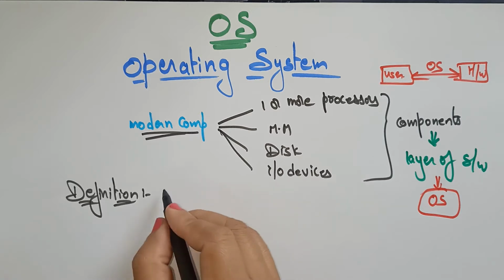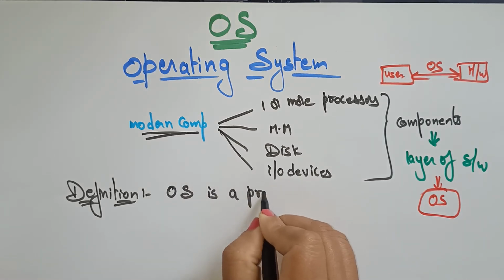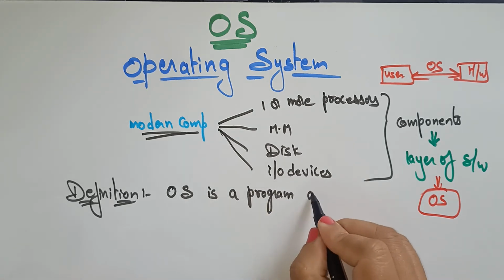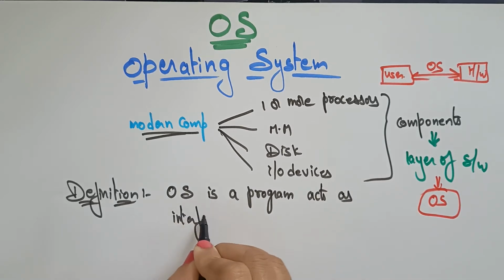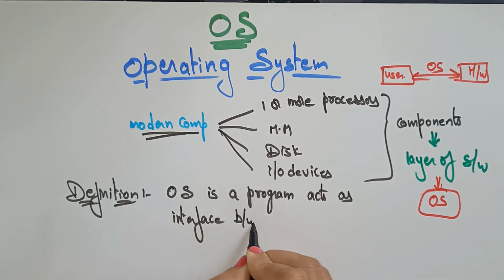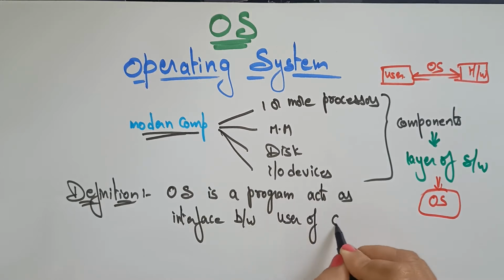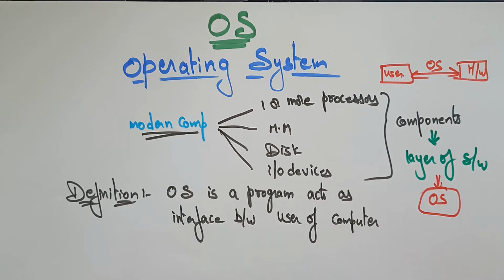Now, coming to the definition of the operating system, let me write it. An operating system is a software program that acts as an interface between the user of a computer and computer hardware. The user of a computer is nothing but you and me; we are the users of the computer.